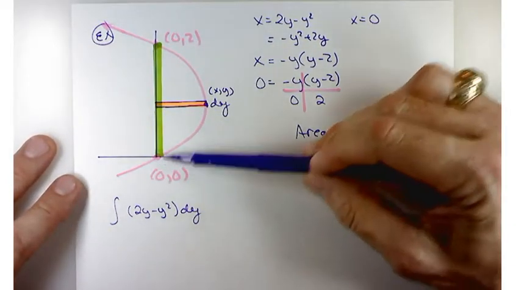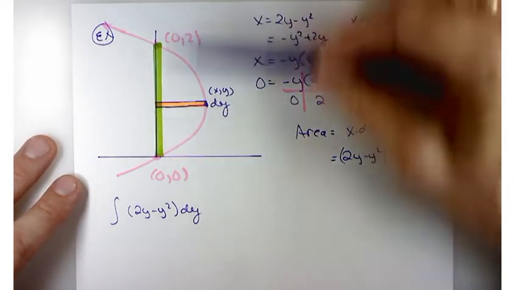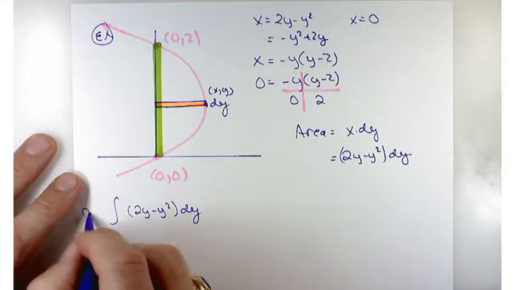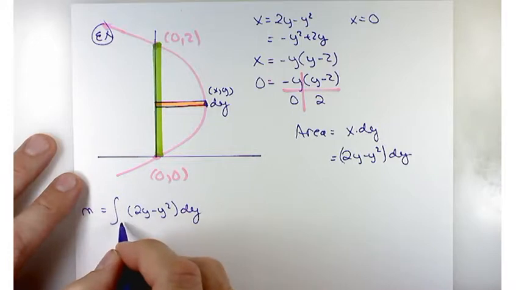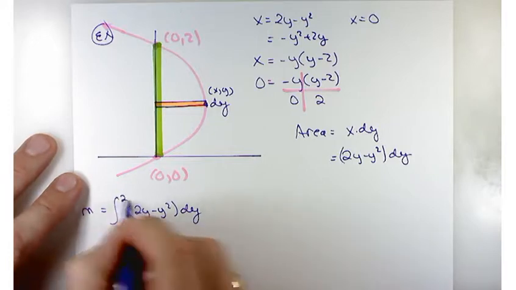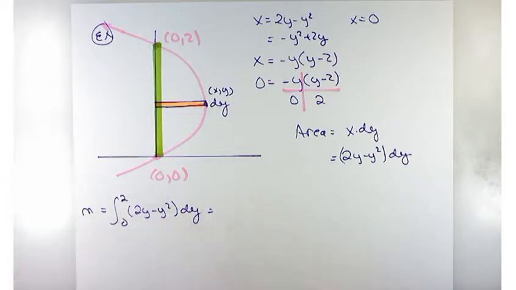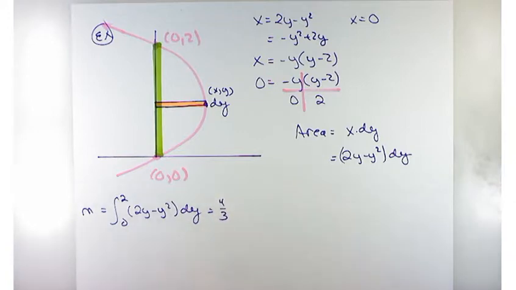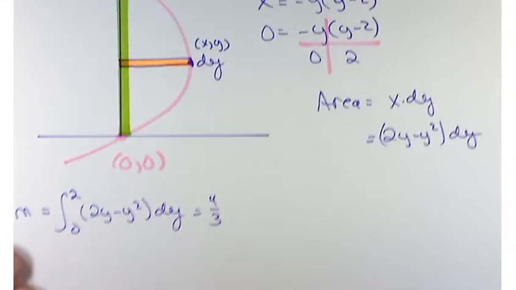If I need to add up the area of all such possible slices, I can do that with integration. Where am I going to integrate between 0 and 2? And if you take the time to do that all out, you'll end up with 4/3. And because the integration part's not the essential part here, I'm going to skip that part.